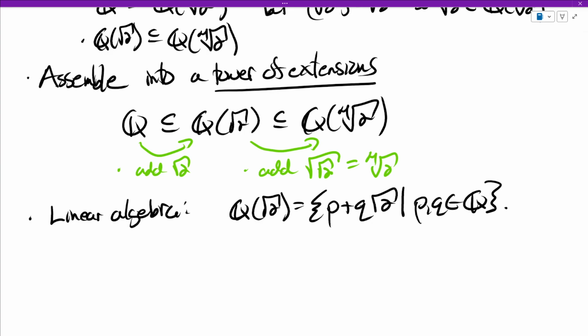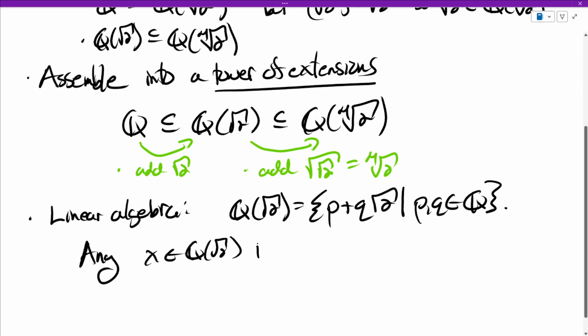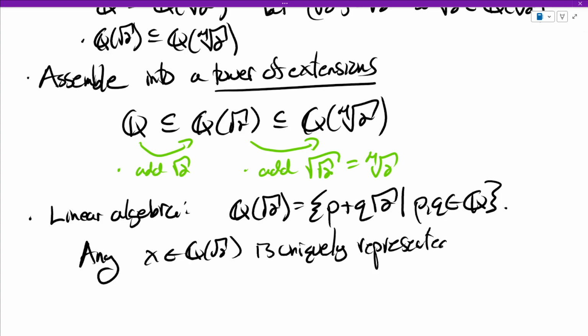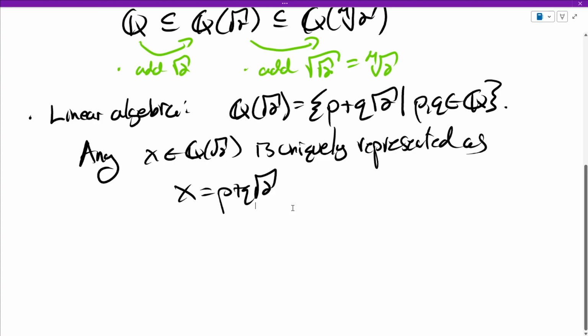Every element of the field Q adjoin root 2 has a unique representation like this. So any x in Q adjoin root 2 is uniquely represented as x is p plus q root 2. So the p and q in this situation are unique.